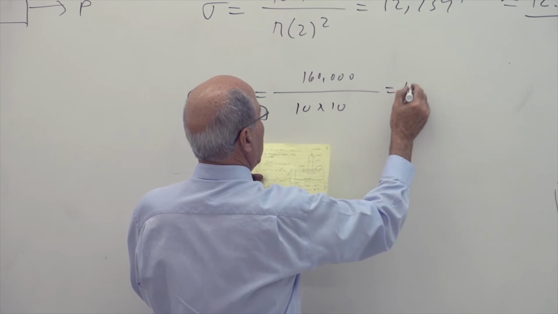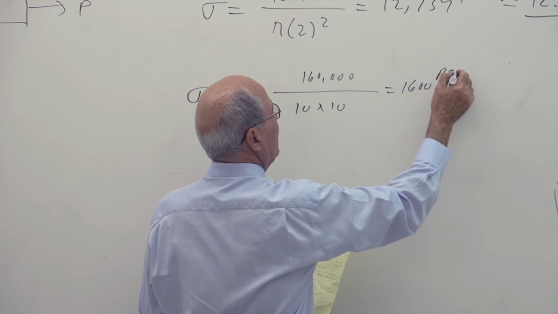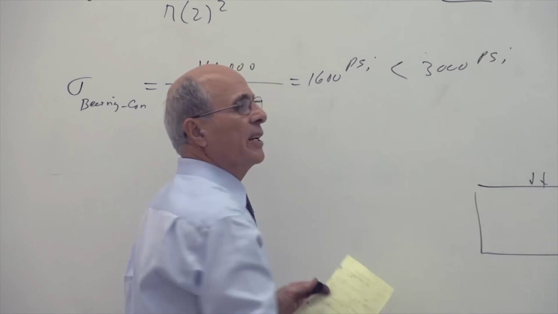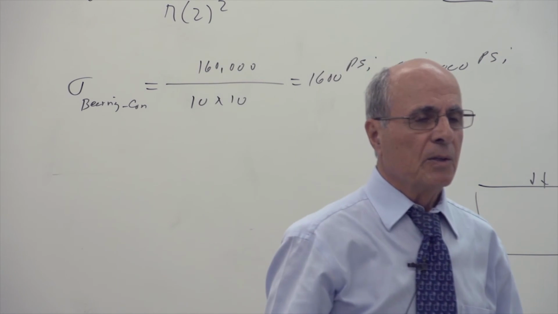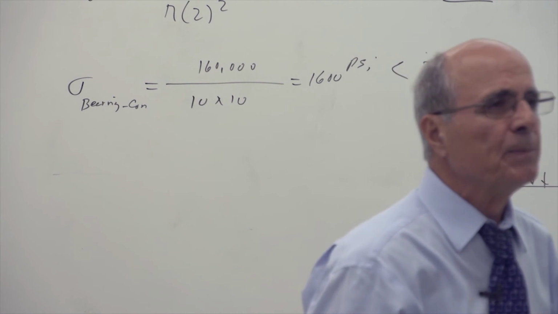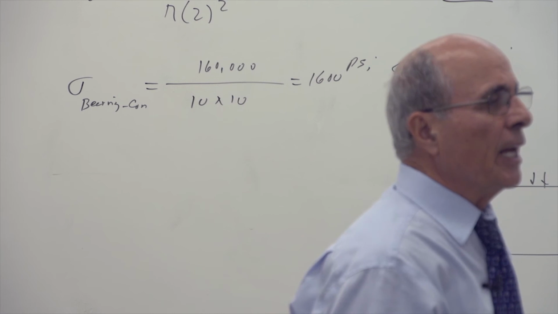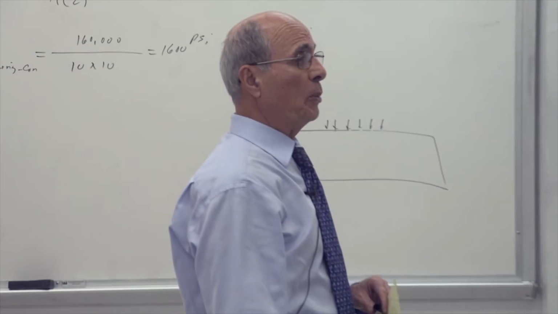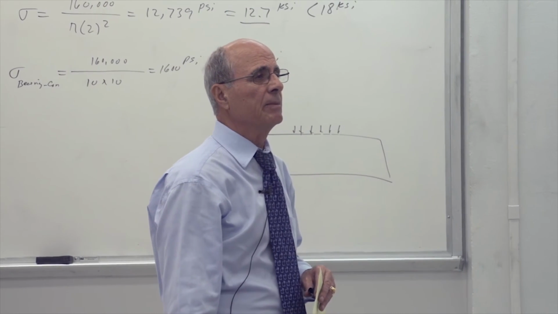It is 1,600 psi, and that's less than 3,000 psi. So I'm okay there. Yes or no? So what should I worry about? The possibility that the column punches through the plate and goes down.